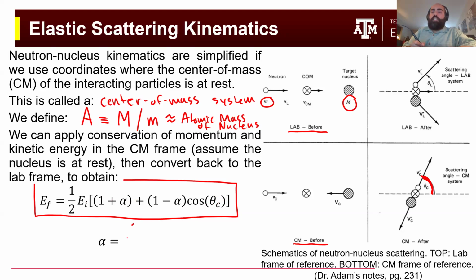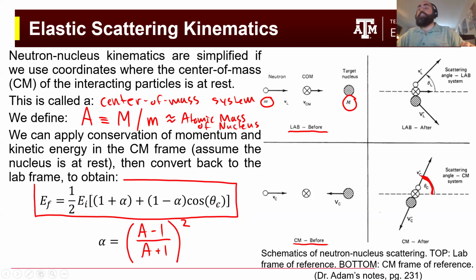Alpha is defined based on big A: alpha is big A minus 1 over big A plus 1, quantity squared. Notice that alpha only depends on the ratio of the mass of the nucleus to the mass of the neutron. So the final energy depends on alpha, and it also depends on the deviation angle theta c.